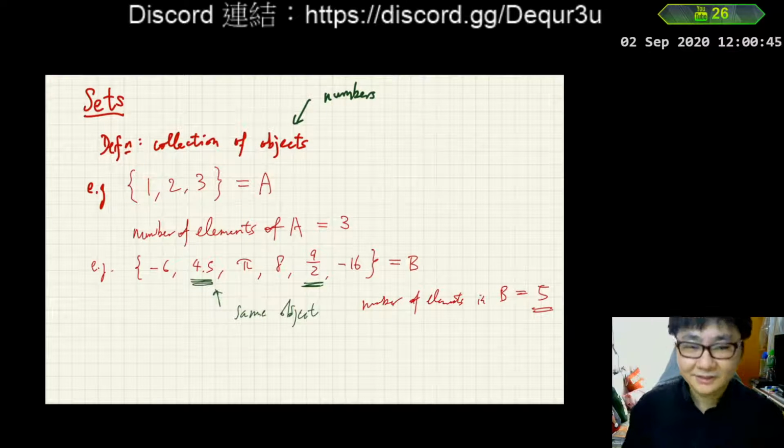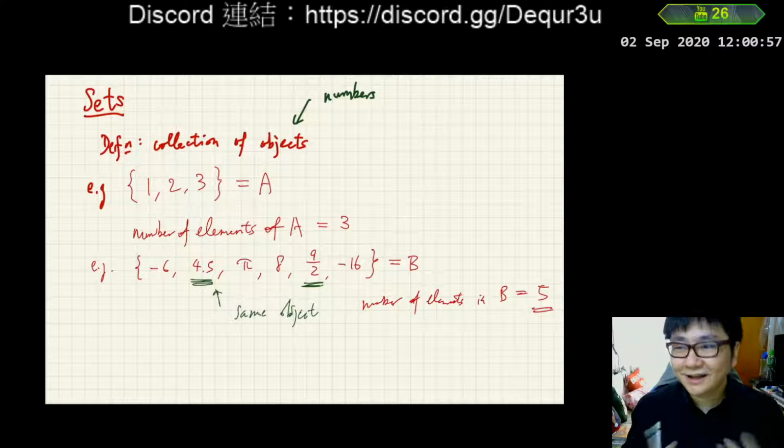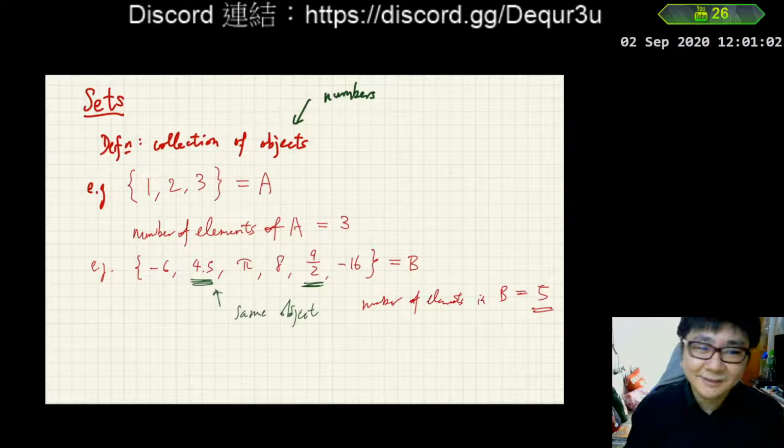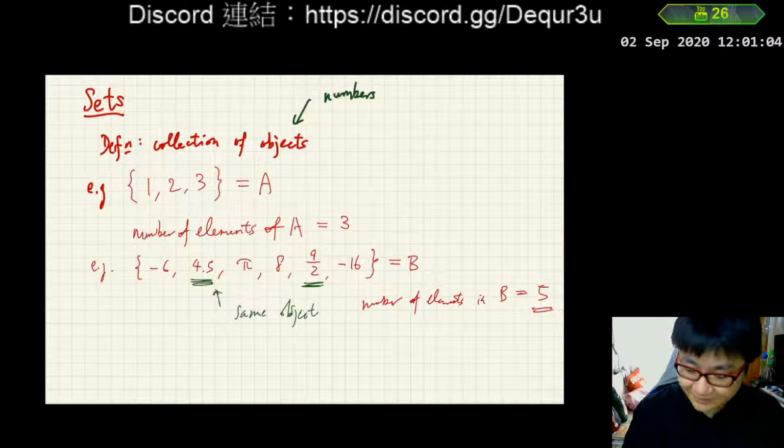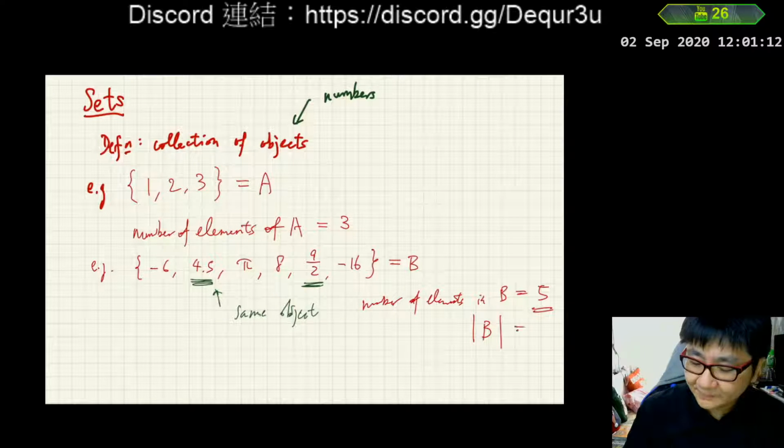That's very good. By the way, we may not use this notation very often, but sometimes to make things easier, more convenient, because you see I write number of elements, there's so many letters, and I myself, in fact, I'm quite a lazy person, and I don't like to write many words, and therefore you may also use the notation with two vertical lines and put a B inside.